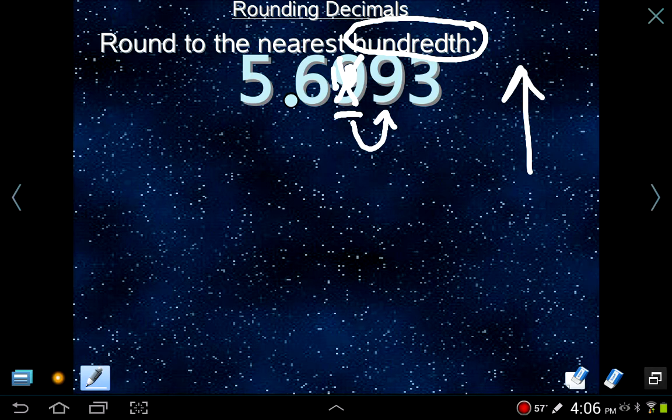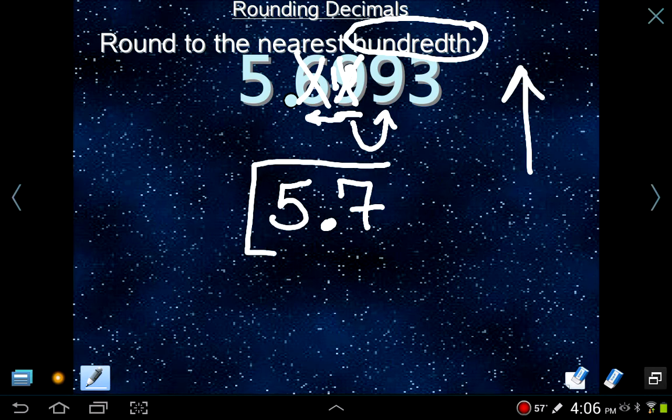We can't put a 10 there. Since we can't put two values there, we have to go to the next one over. So we're going to push that 10 over to the tenths place and raise the score on the 6. So the 6 is going to become a 7. So the answer is 5 and 7 tenths. Say that with me. 5 and 7 tenths. That's how you say it.